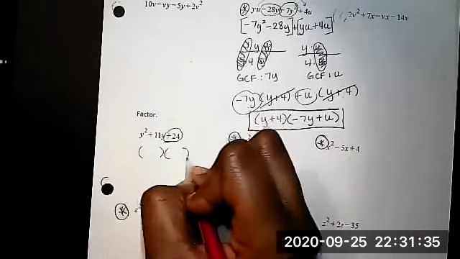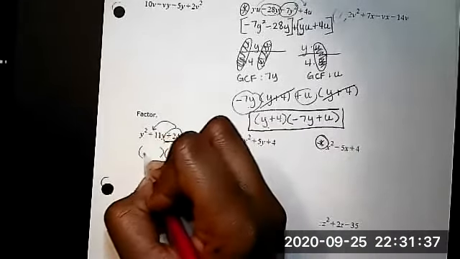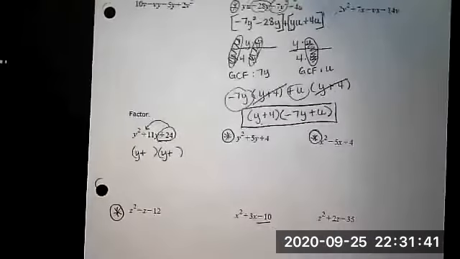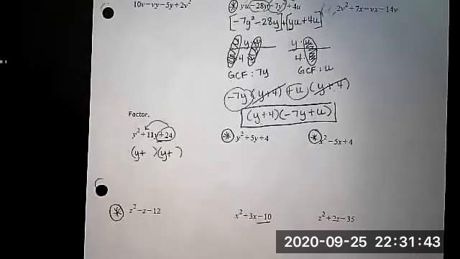In this case, because the middle number is positive, you're going to have y plus something, y plus something, okay? Just hang on with me here, okay? If you've never seen this before, or you've never had to factor before, this is going to be kind of hard at first, but once you start getting the hang of it, I promise you, it will come to you, okay?